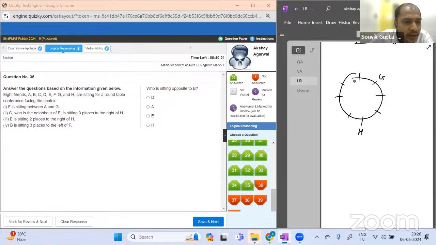G is 3 places to the right of H. G is a neighbor of E. E is either here or here.